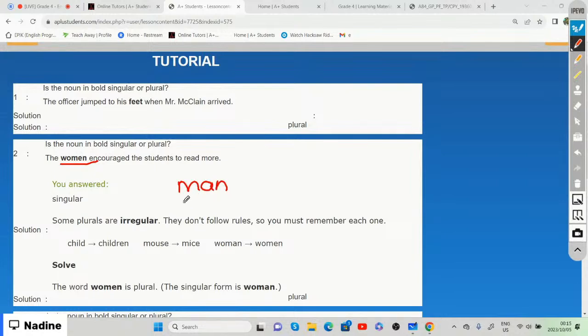This refers to one man. And if we are making mention of more than one man, then it is men, where the A changes to an E for men.